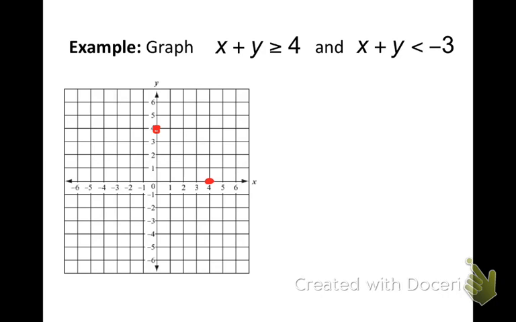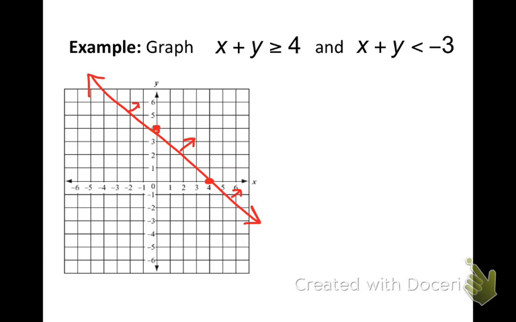Solid or dotted? Solid. Where am I going to shade? Above or below it? Above, because 0 is not greater than 4. So I'm just going to put quick little arrows.